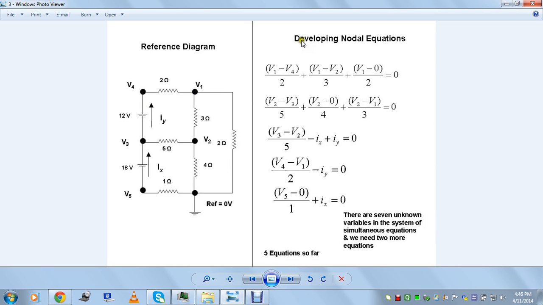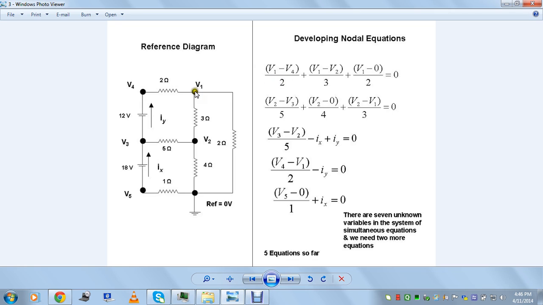So for that, first you have to develop the nodal equations. Now what is a nodal equation? For example, you are applying Kirchhoff's current law at this node V1, this point. It means that you are finding the sum of currents at this particular point. So this is V1 minus V4 divided by 2.